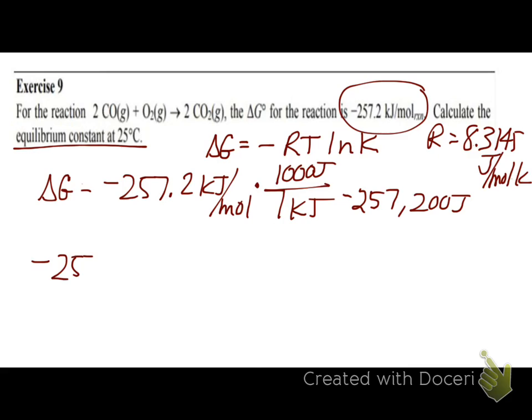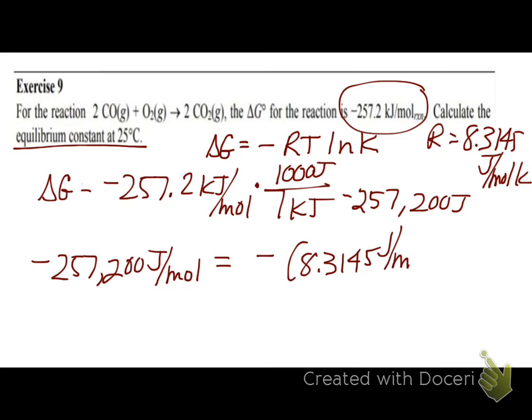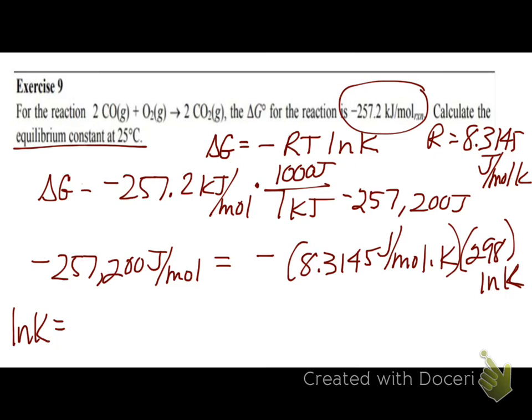So let's plug it in. Negative 250,200 joules per mole is equal to negative 8.3145 joules per mole K times 298 K times ln K. I ran out of room, I write too big. So the natural log of K should be equal to 103.8.